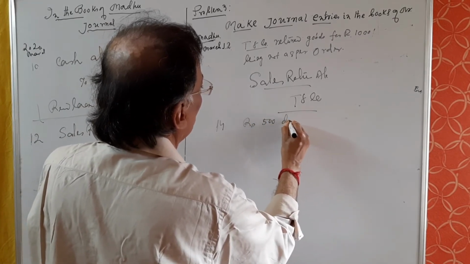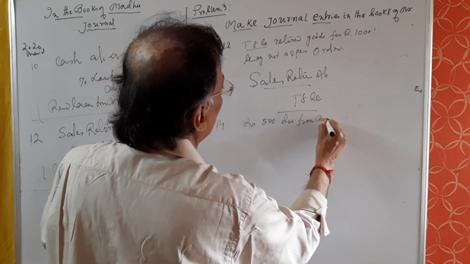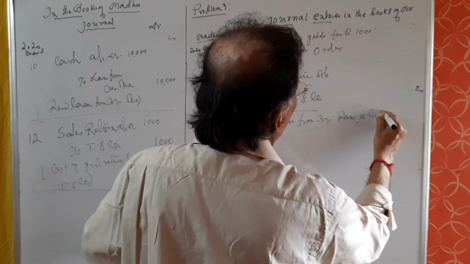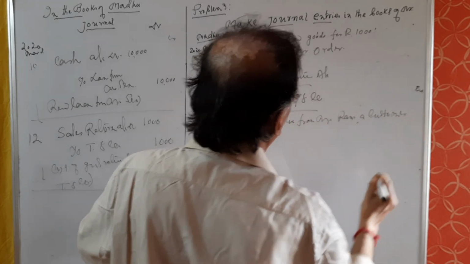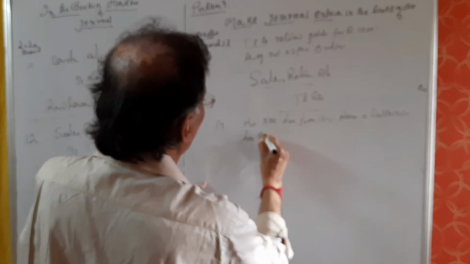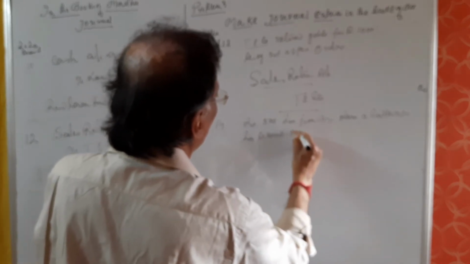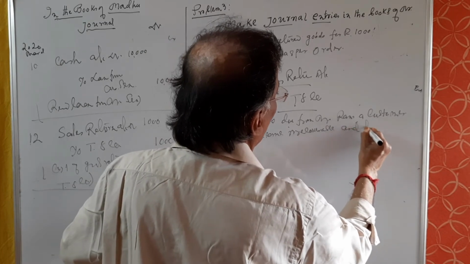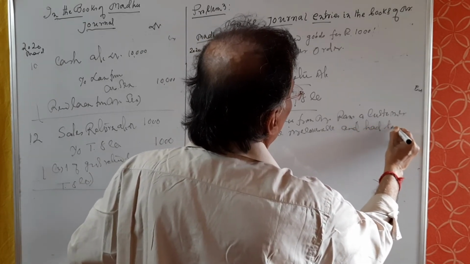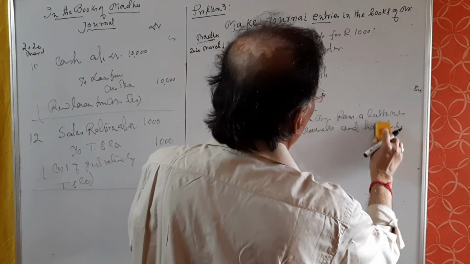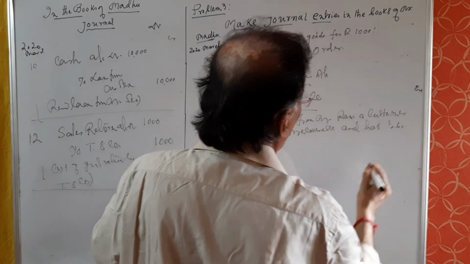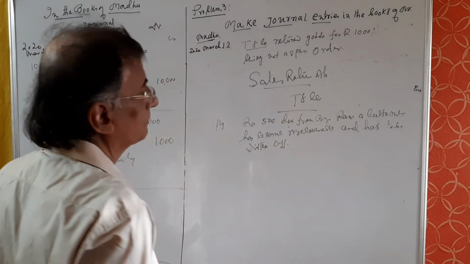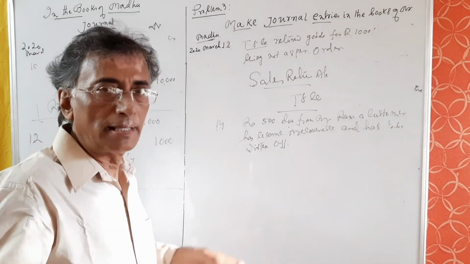Rupees 500 due from Mr. Ram, a customer, has become irrecoverable and has to be written off. We have already discussed this concept, bad debt.